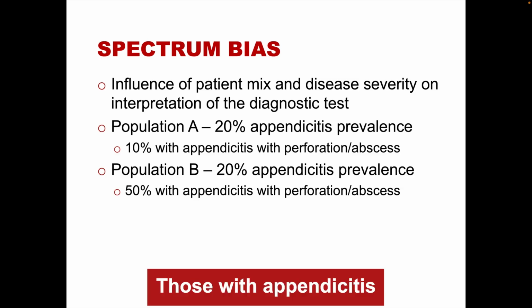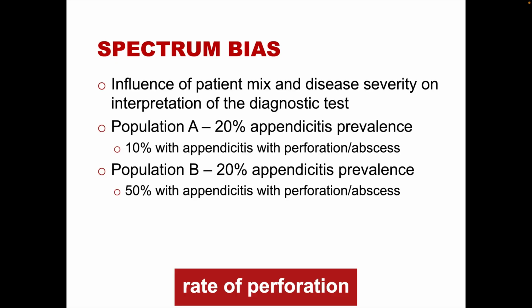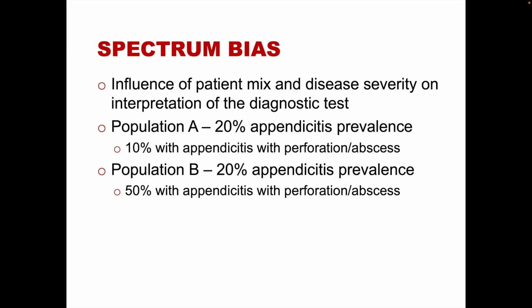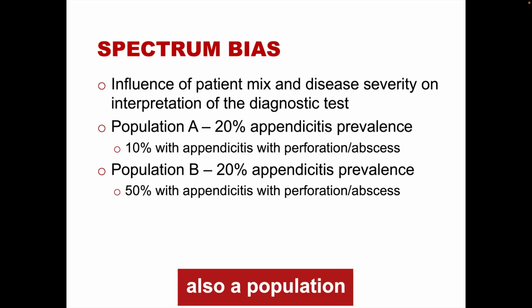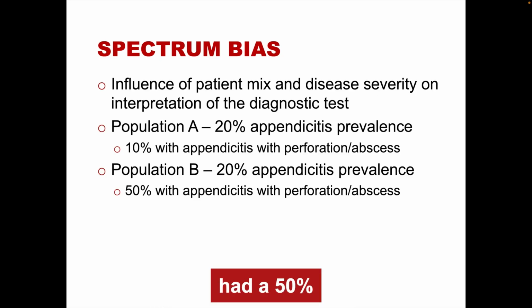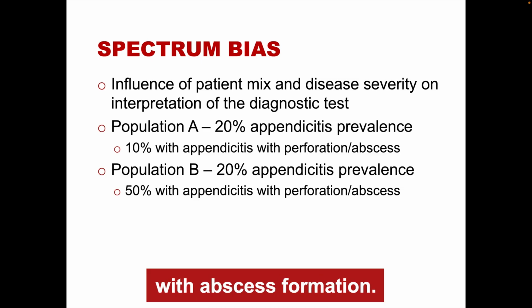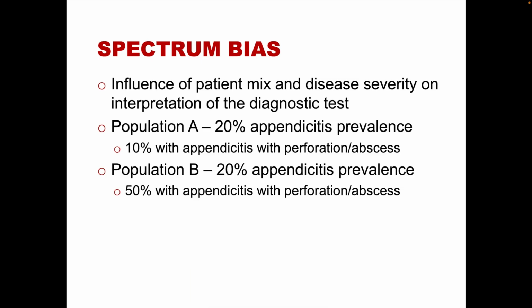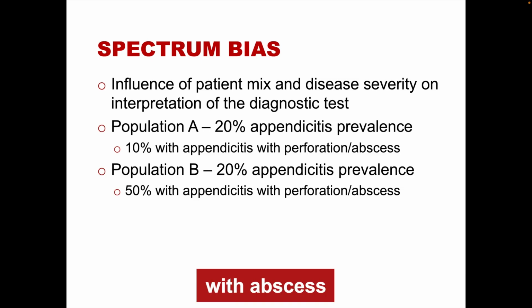Those with appendicitis had a 10% rate of perforation with abscess formation. The second is also a population with a prevalence of appendicitis of 20%. But in this population, those with appendicitis had a 50% rate of perforation with abscess formation. The difference in the rate of perforation with abscess is an example of the difference in the spectrum of disease.